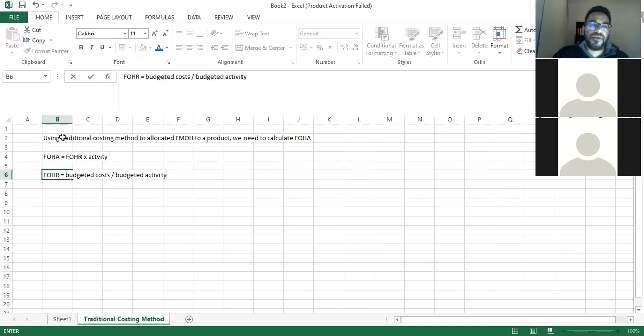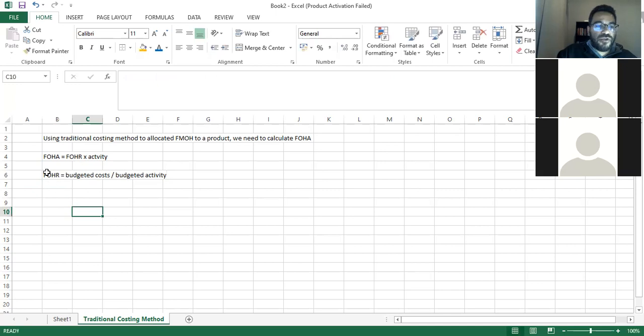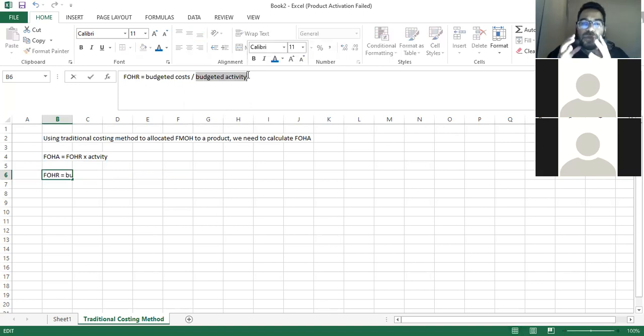So remember the overhead rate they gave us. They told us that the overhead rate is 750 Rand. We know what our activity is: it is labor hours. So all we have to do is get total labor hours, our total budgeted activity.